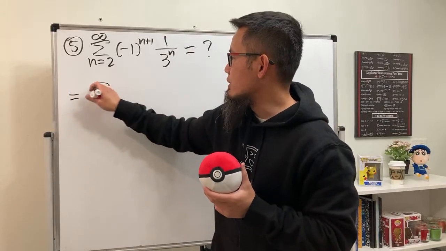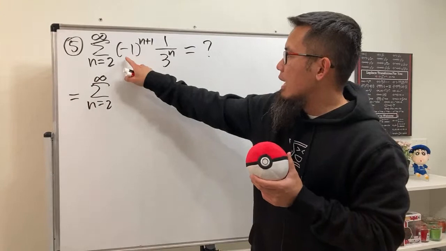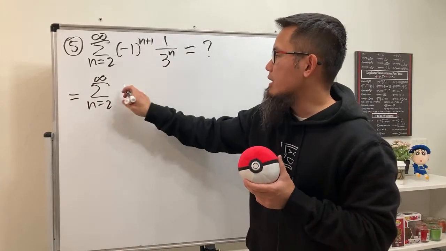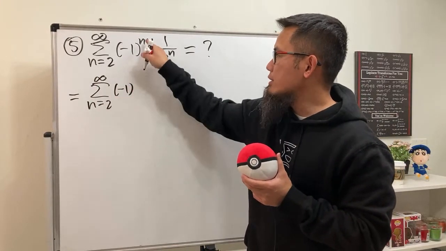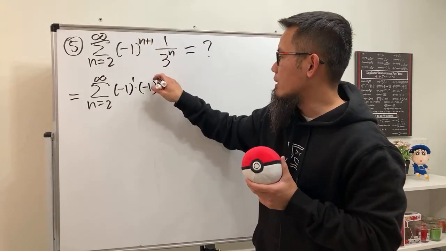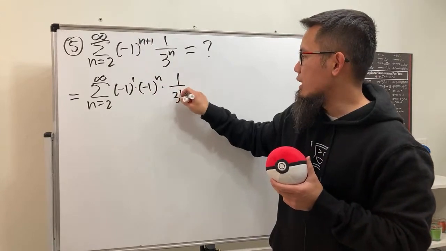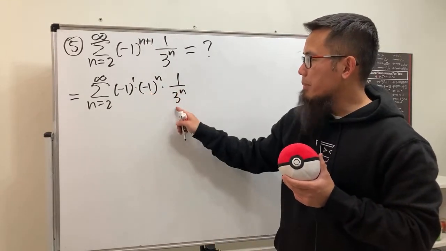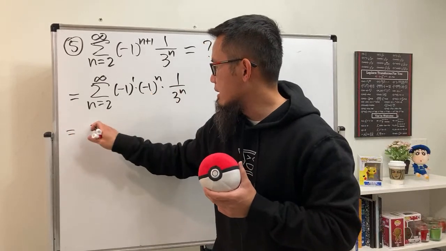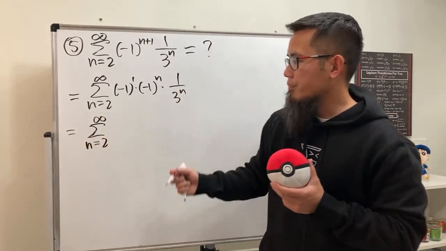This is how. Check this out. This right here is equal to the series as n goes from 2 to infinity. Have a look right here. This is the same as saying negative 1 raised to the first power, times negative 1 raised to the nth power, and then multiply by 1 over 3 to the n. Pair this up together and we can write this down as the series as n goes from 2 to infinity.